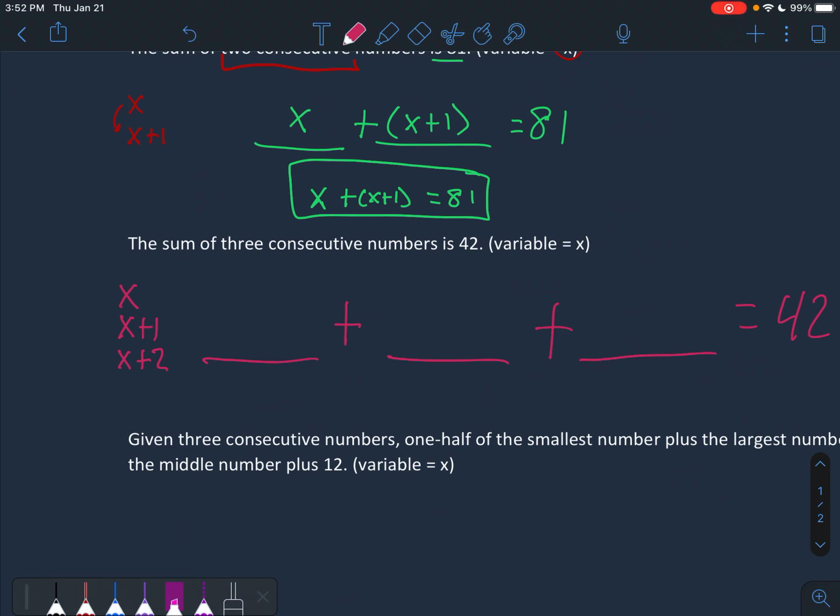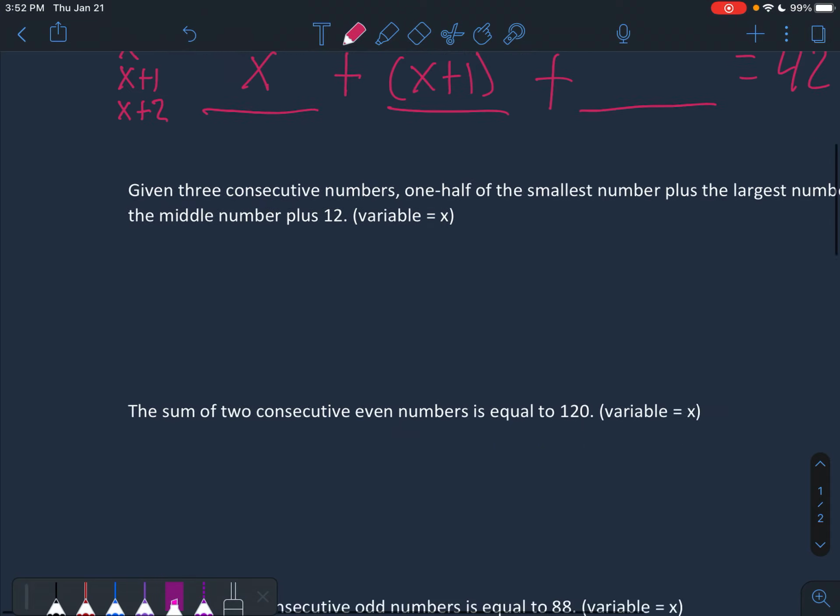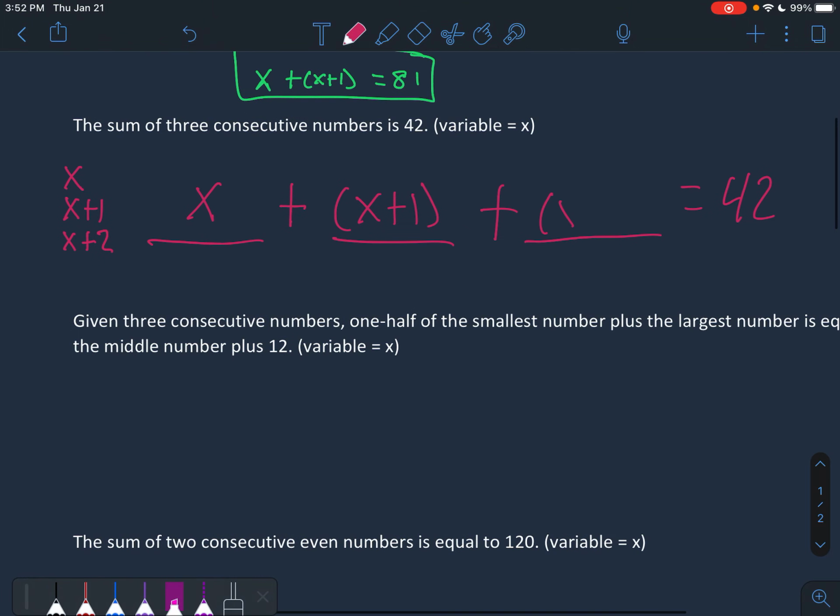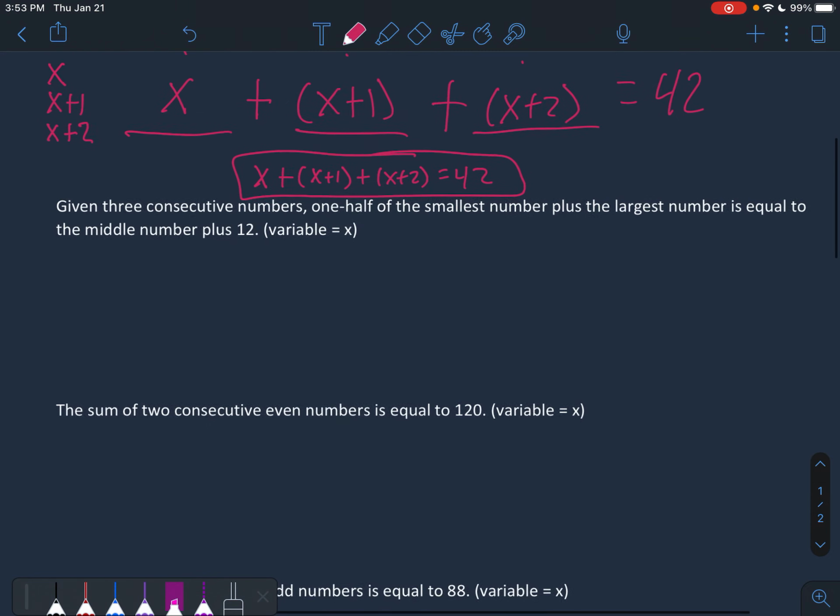So the first number is x, the second number is x plus 1, and the third number is x plus 2. So it's going to be x plus x plus 1 plus x plus 2 equals 42. So three consecutive numbers equals 42.